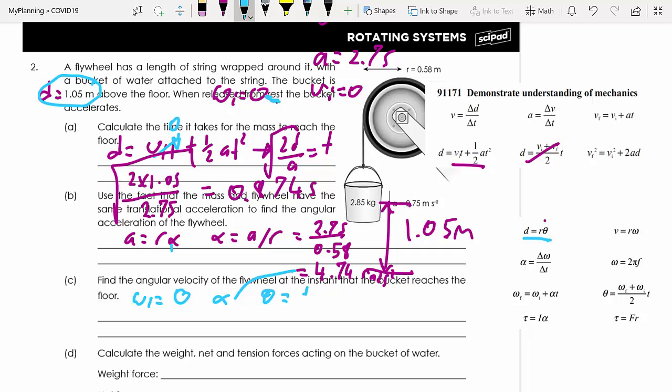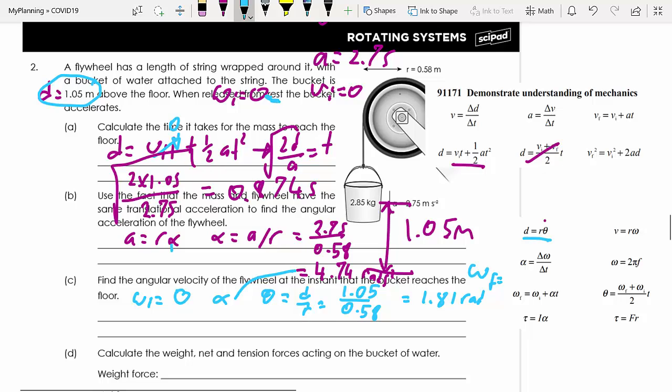So theta equals D over R. So it traveled 1.05 meters, and it did that with a radius of 0.58 meters. And so 1.05 divided by 0.58 tells me it's done 1.81 radians. And the thing I'm trying to find out is omega F.